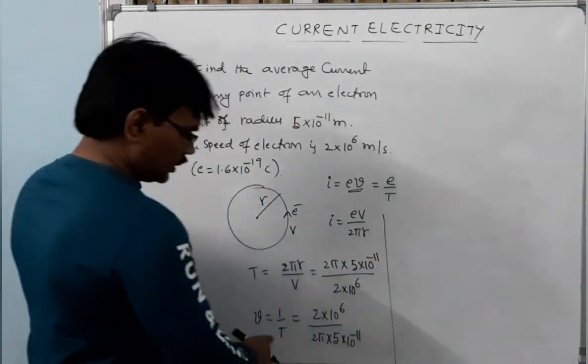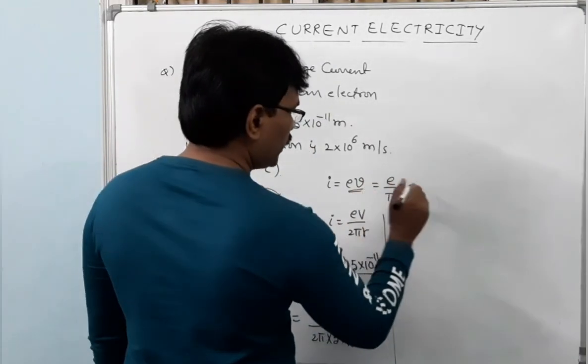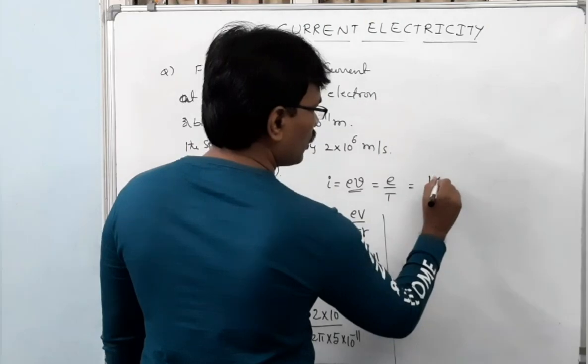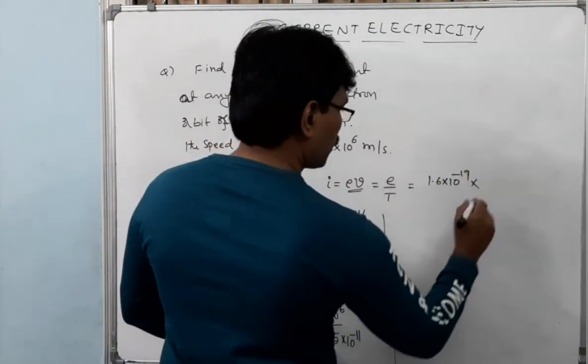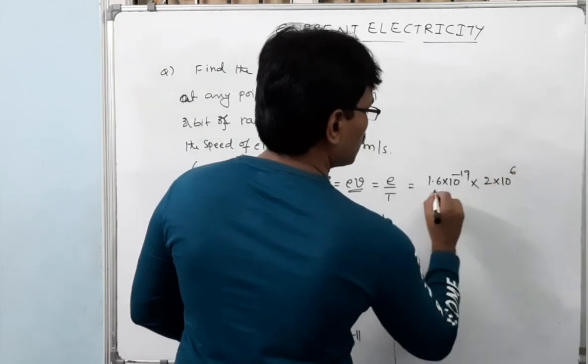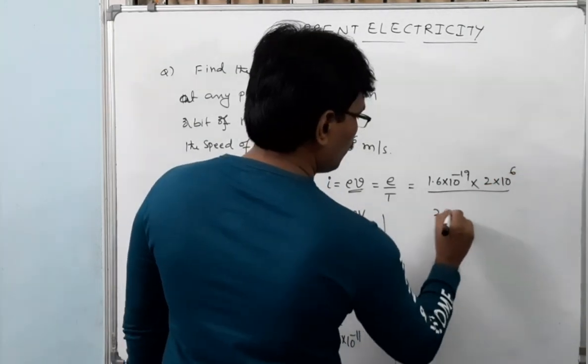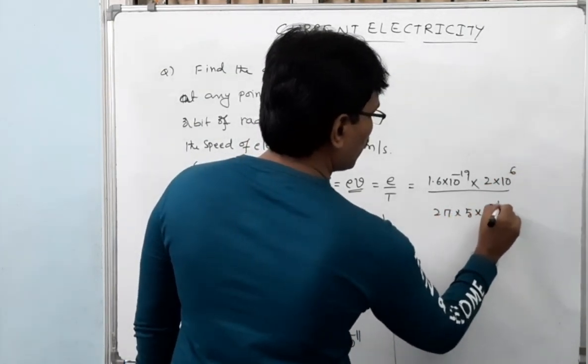Now this frequency value we substitute here. So E means 1.6 into 10 power minus 19 into the frequency of the electron, 2 into 10 power 6 divided by 2 pi into 5 into 10 power minus 11.